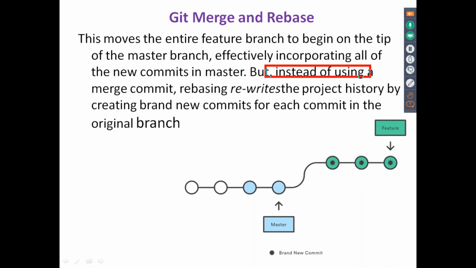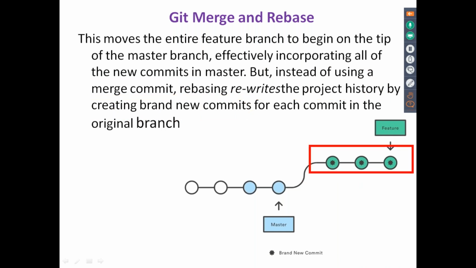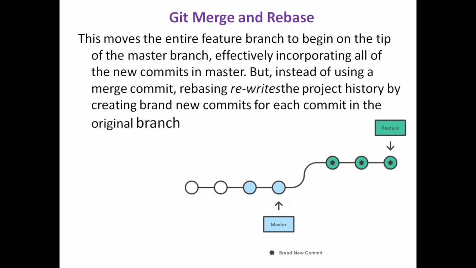But instead of using a merge commit, what will rebase do? Rebase rewrites the project history by creating brand new commits. It will just change the project history. So earlier this history was there in the branch, now it is moved to master. Is it clear for you? This is what git rebase does.